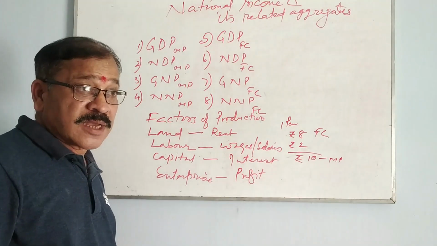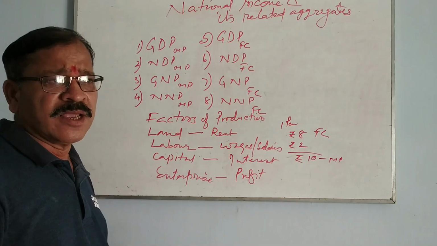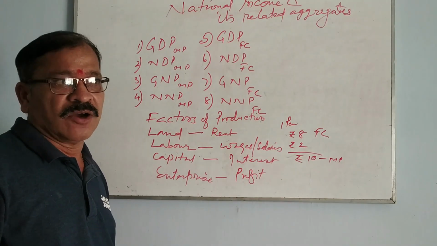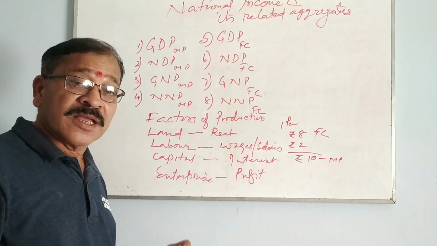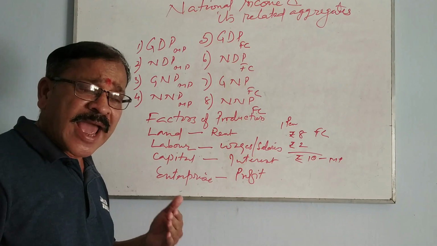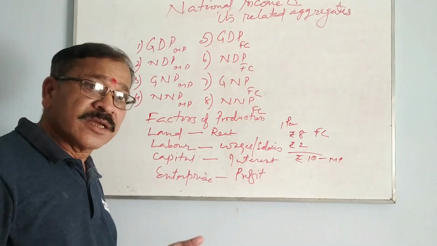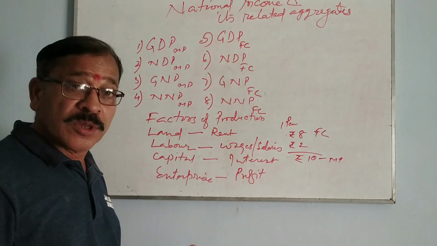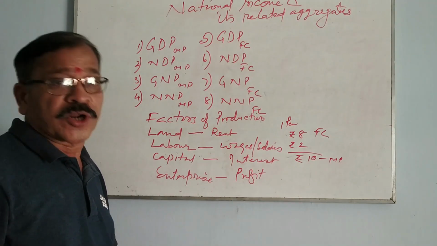Now, sometimes what happens, government, let us say, gives a subsidy on the pen. What is a subsidy? Subsidy is a cash grant given by the government to the producer to encourage production.